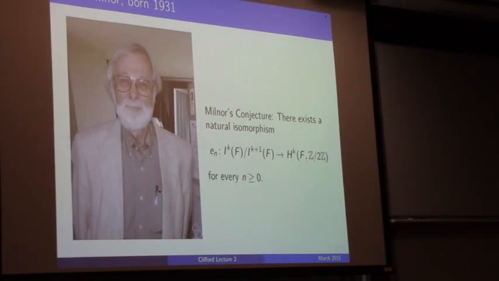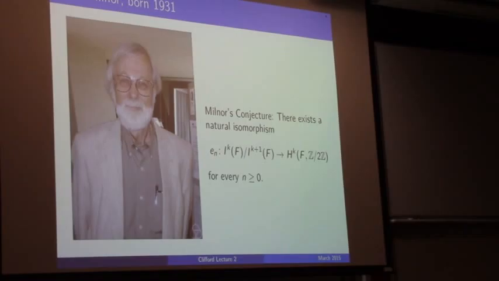Milnor's conjecture says that if we take the kth power and mod out by the (k+1)st power, we get a vector space that's isomorphic to the kth cohomology of F with coefficients in Z mod 2Z. It's mod 2 coefficients. So it doesn't really answer the question about the structure of the Witt ring itself, but it's sort of the graded version of it.